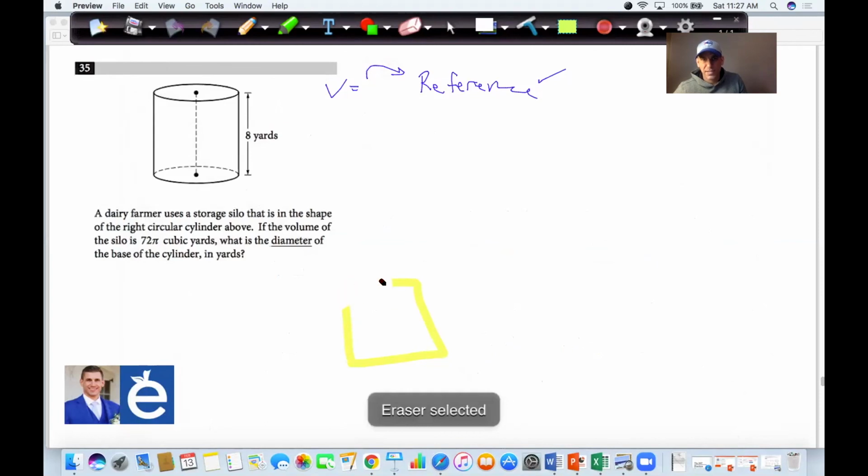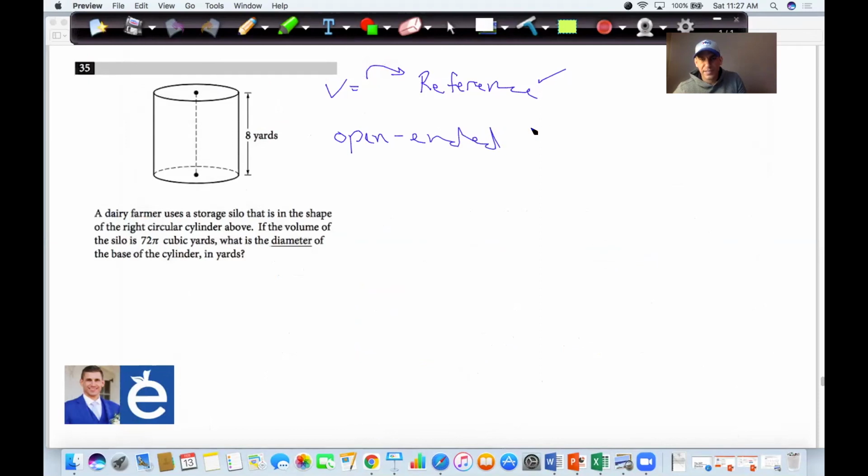Second key point: if you're in open-ended problems, obviously your answer needs to be positive, but this is what you want to pay attention to whenever we're talking about volume. If there's no pi in your answer choice, then you need to be prepared to plug in 3.14.